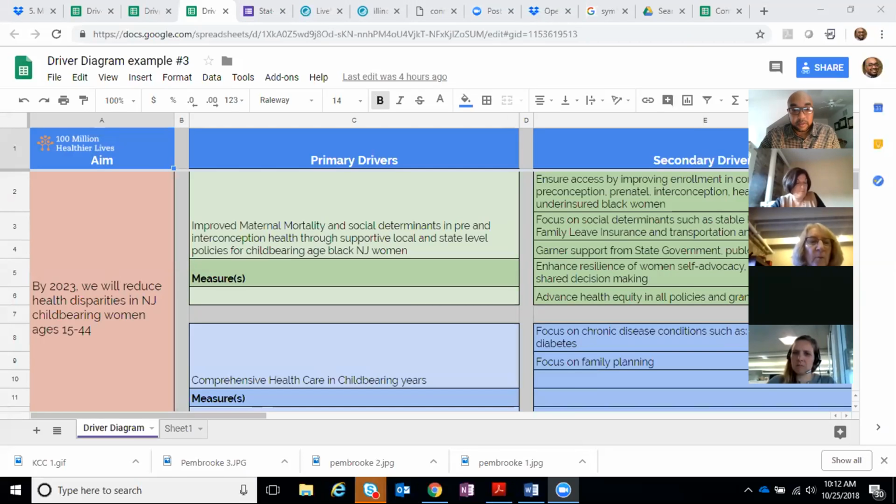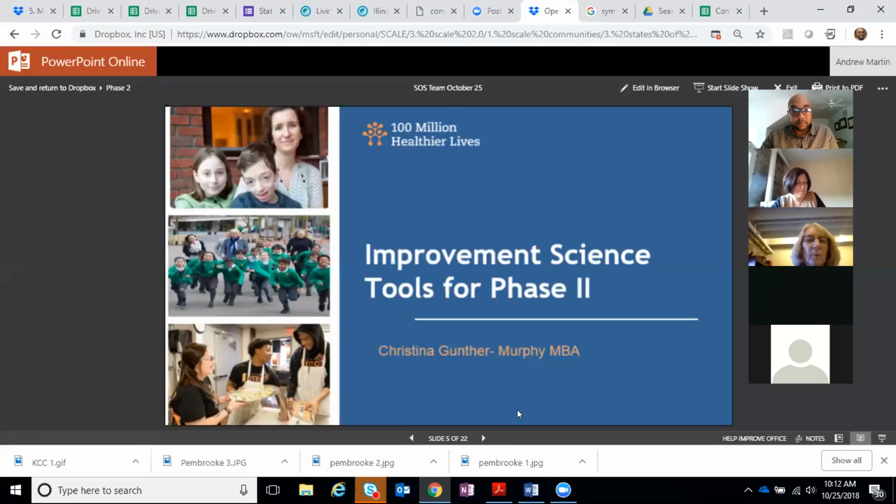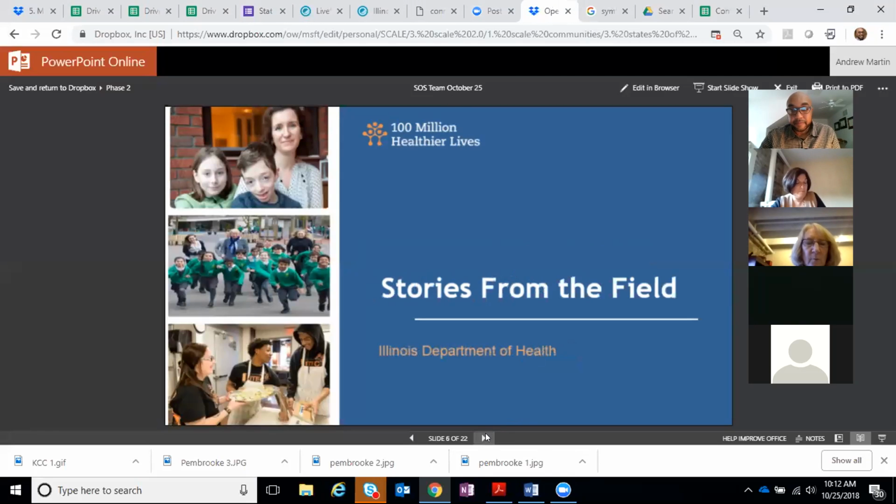And I guess as we transition, I want to be clear that this is an iterative process of refining and getting to better aims, better driver diagrams. We try something out, we have a theory, and then we try out some change ideas. They may turn out to be the right ones or absolutely the wrong ones, but until we try them out, we don't know.